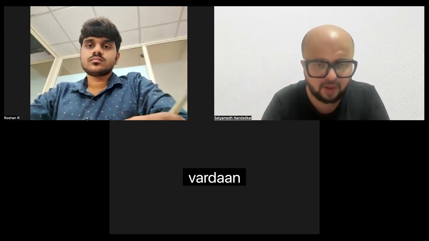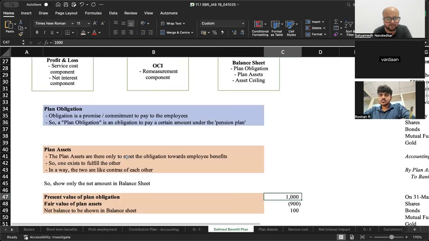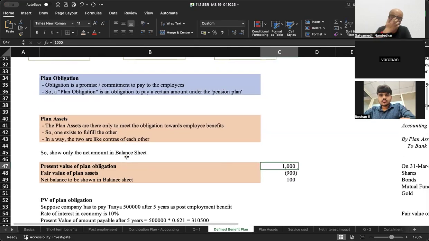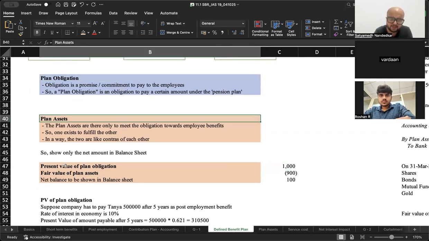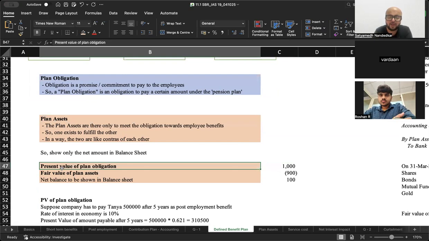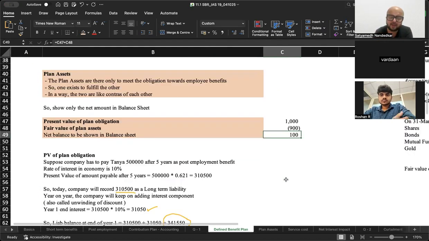Okay. So with that in mind, how we actually show that in the balance sheet is, there is a plan obligation, then there are plan assets. We show only the net amount, present value of plan obligation versus fair value of plan assets. We show either the net obligation or the net assets in the balance sheet.